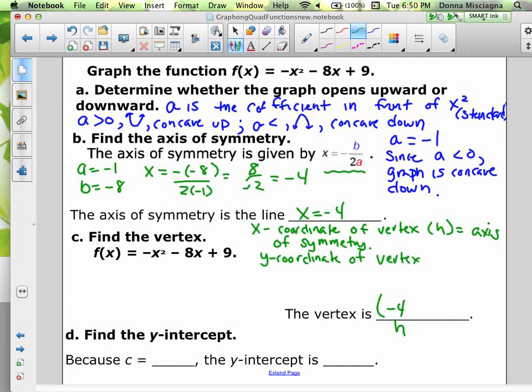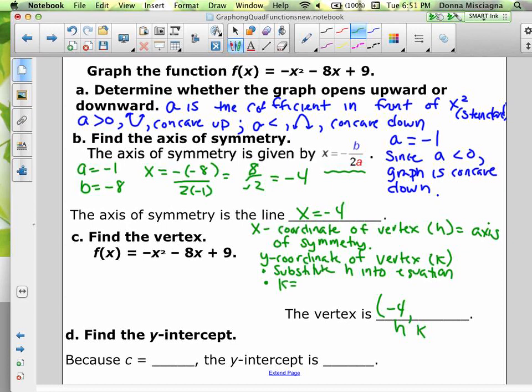the k, you have two choices. One is to just substitute the x-coordinate, substitute h, into the equation. The other choice is to use that formula.